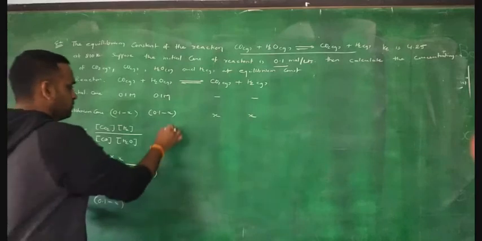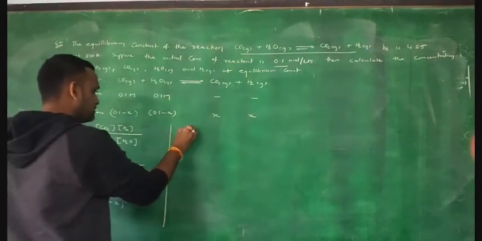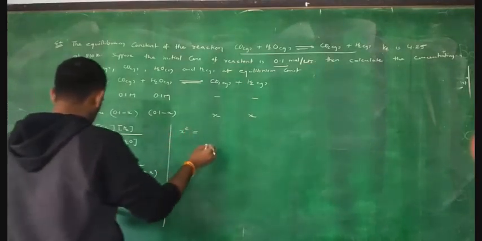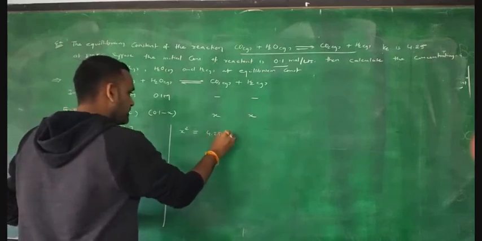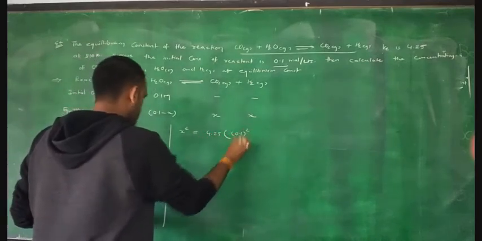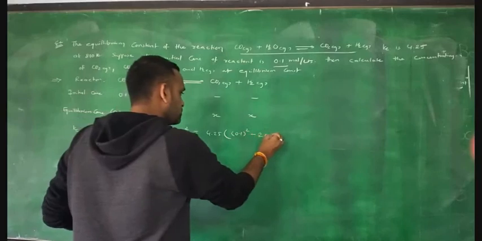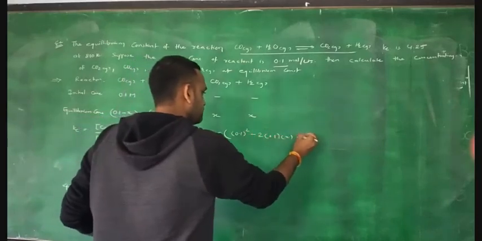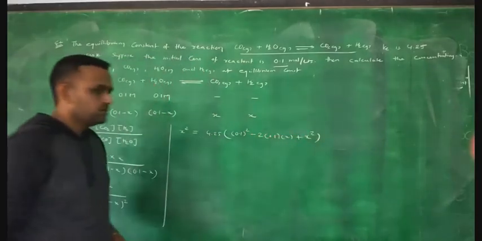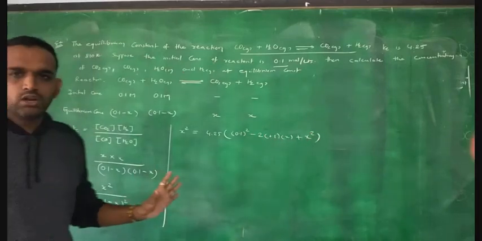Here x square equals 4.25 into 0.1 whole square minus 2 into 0.1 into x plus x square. Understand? (a minus b) whole square.